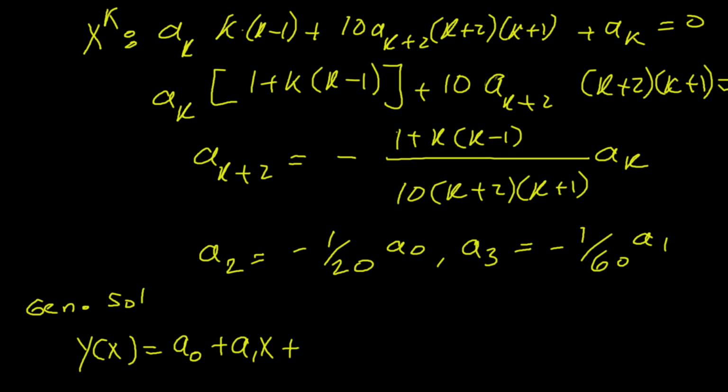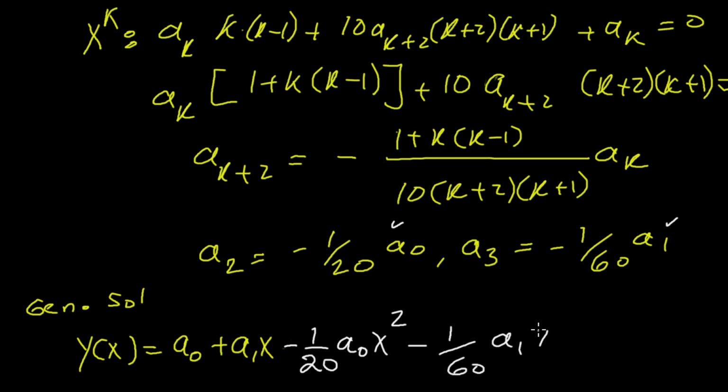So that's going to be negative, x squared, and you can see as well from there 60 a sub 1 x cubed, and 1 2 3 4.